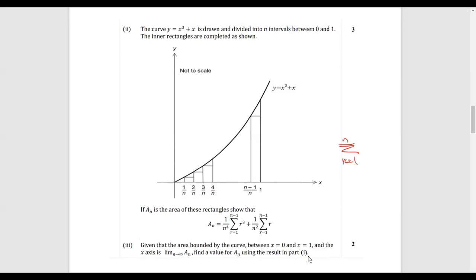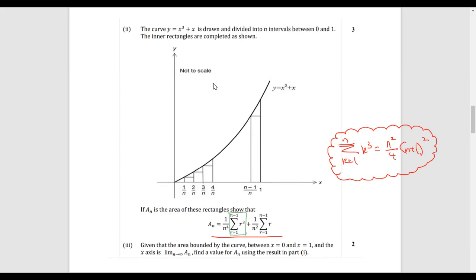of k cubed is just going to be n squared over 4, n plus 1 all squared. It's basically sum of cubes. So we'll use that to apply to here. Specifically, you can probably see it's going to apply to that. And then we'll basically simplify it and see where it takes us.